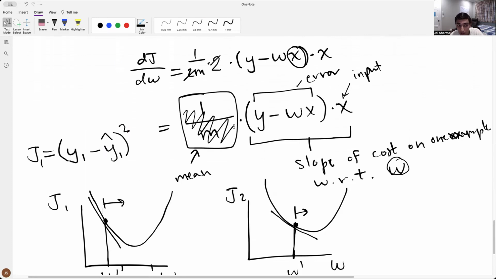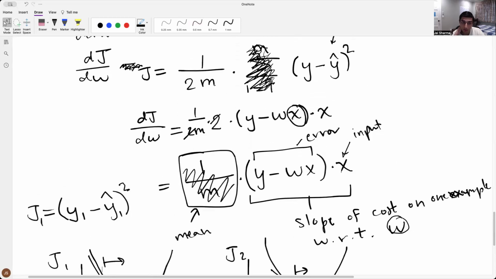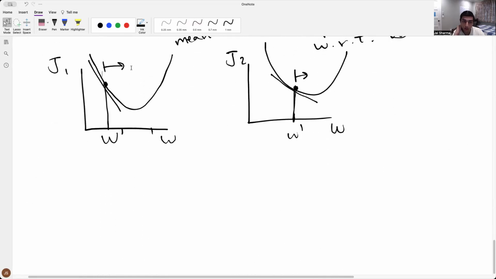That's how you would calculate it, calculate the slope of the line at that point from before. And so I just want to make it clear that before we had said W is equal to the original value of W minus, because we want to decrease the value when the slope is positive, increase the value when the slope is negative, an alpha, which is your learning rate, times the slope, right?